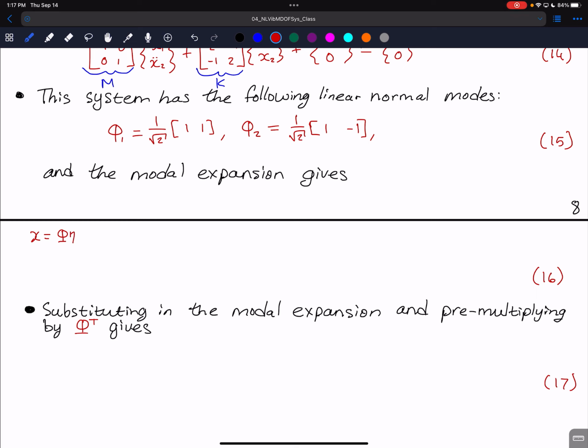This is equal to the vector x1, x2 is equal to 1 over the square root of 2 times the matrix 1, 1, 1, minus 1 times the vector eta 1 and the vector eta 2.